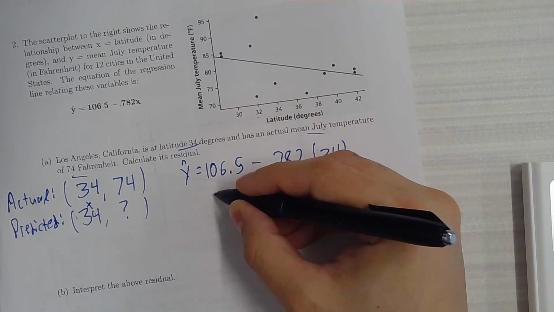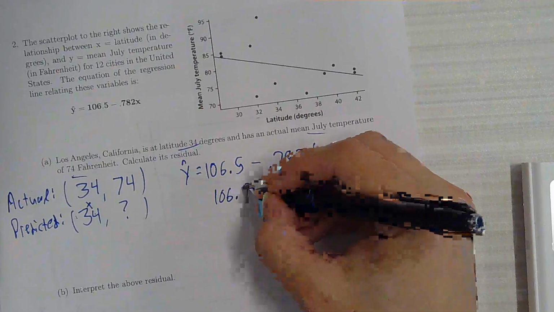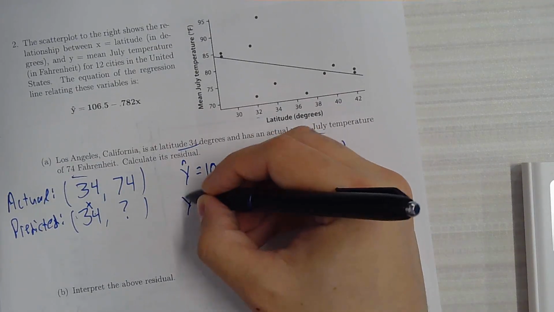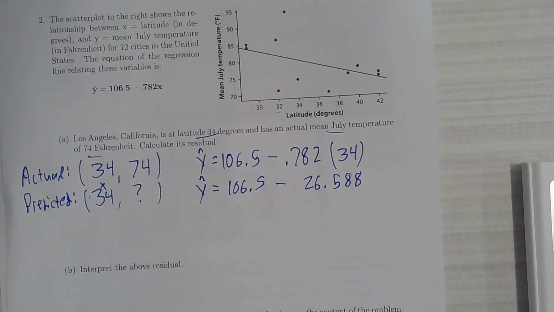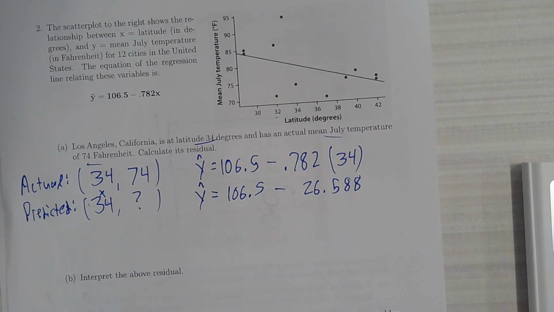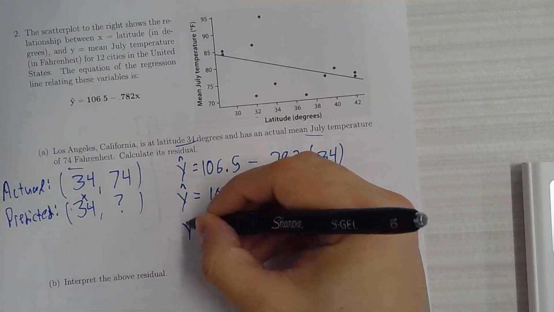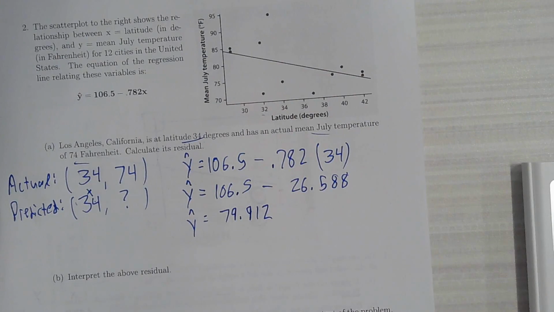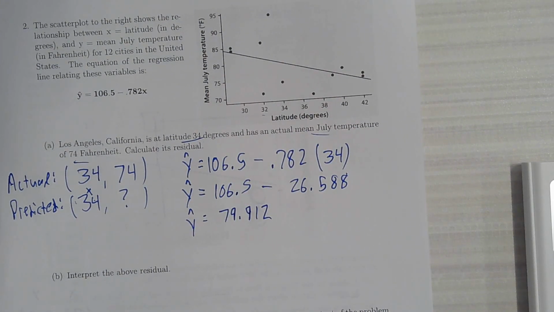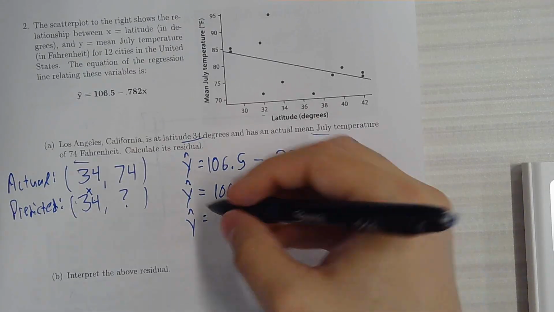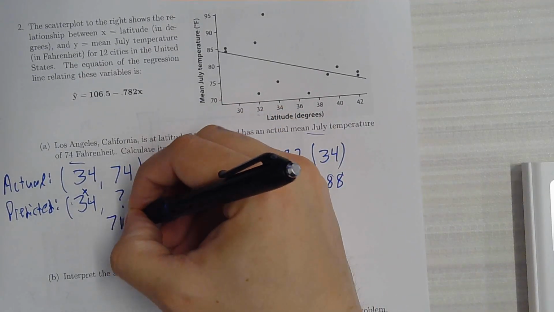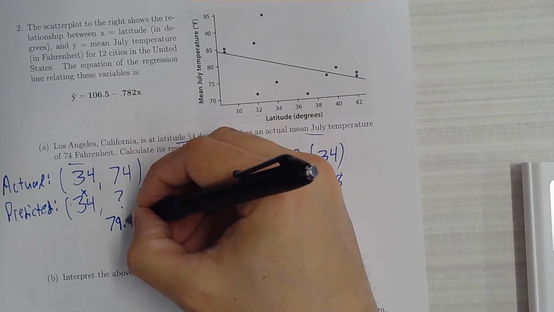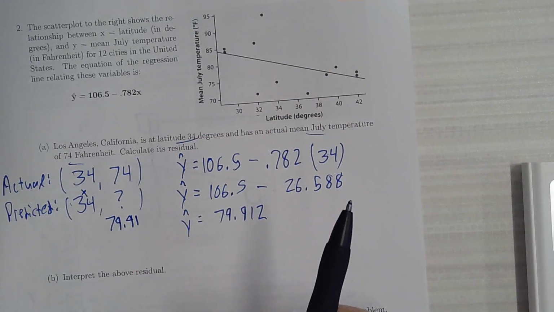Then bring everything else down that you do not touch. All right, excellent. 106.5 minus that is y hat equals 79.912. All right, beautiful. So we can probably just put this in right here. It's 79.91, round that off a little bit.